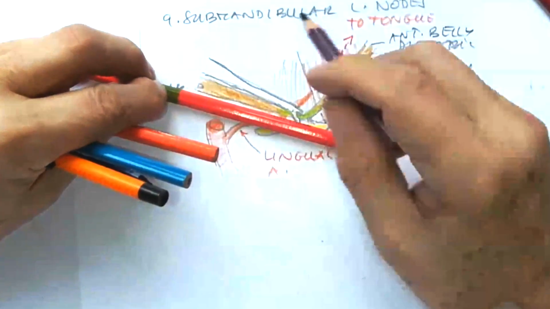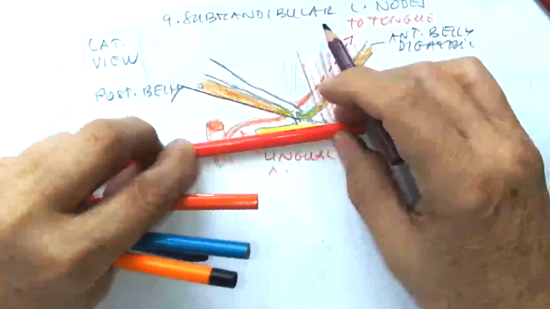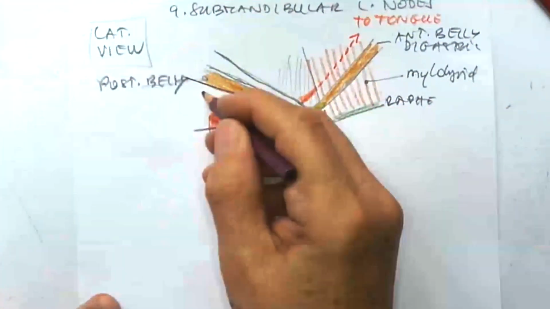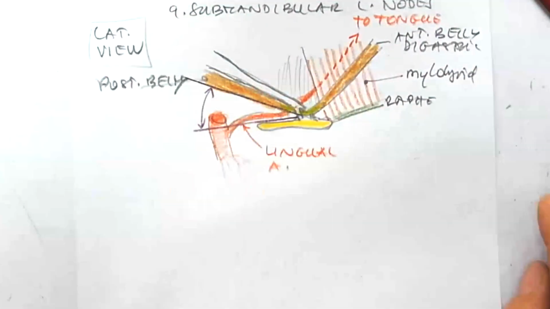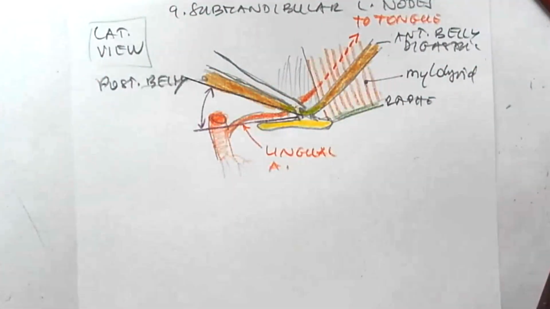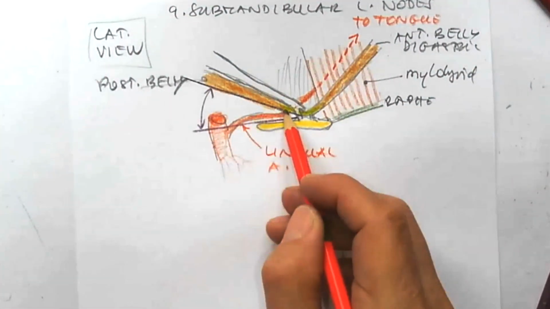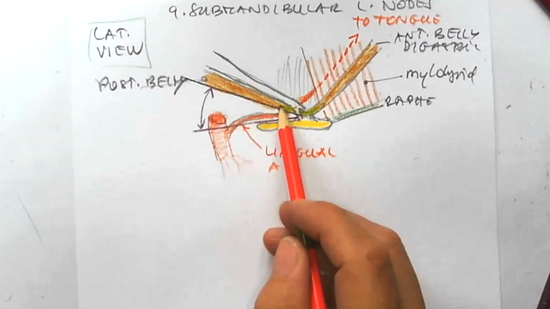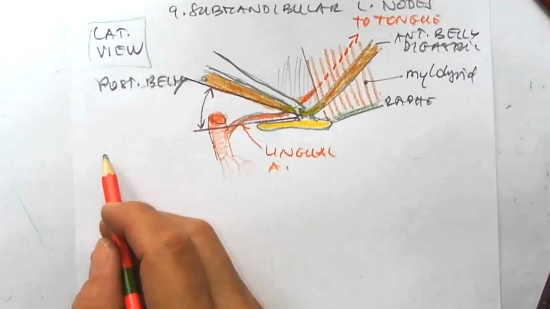If we are drawing just two lines, the angle here is called Becklard's angle. So the lingual artery passes in Becklard's angle.